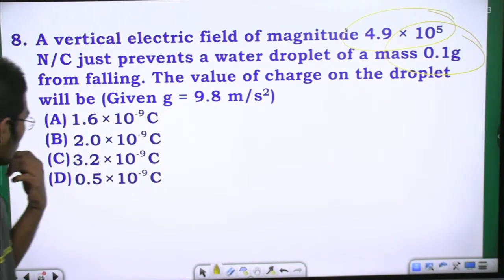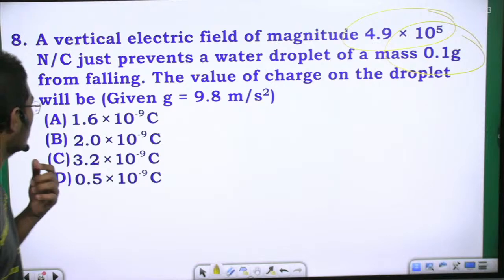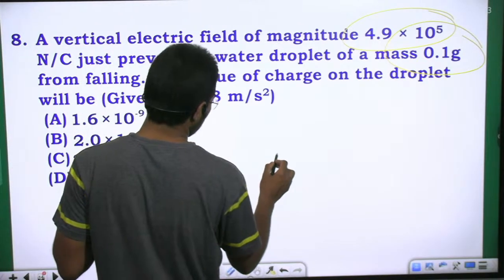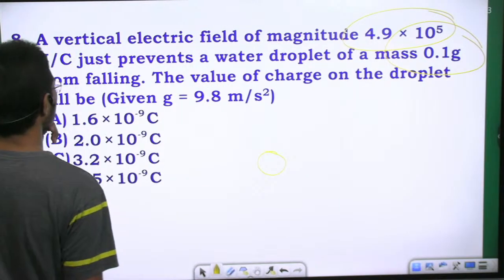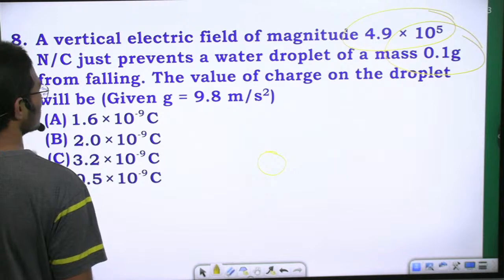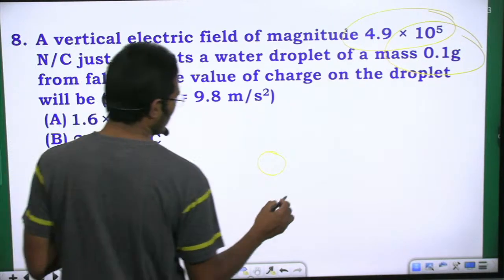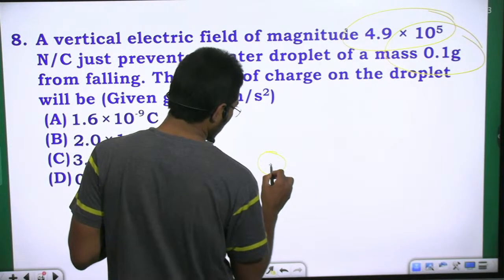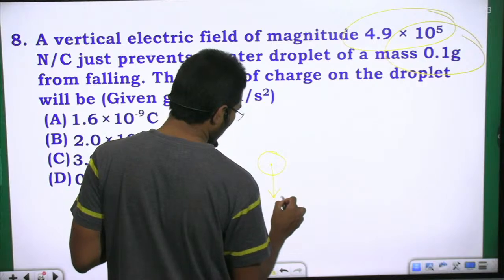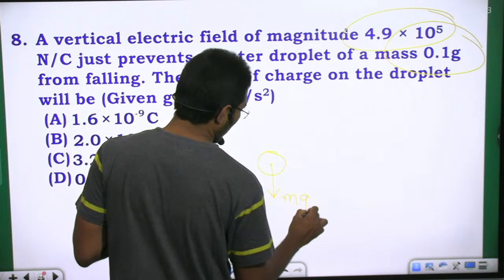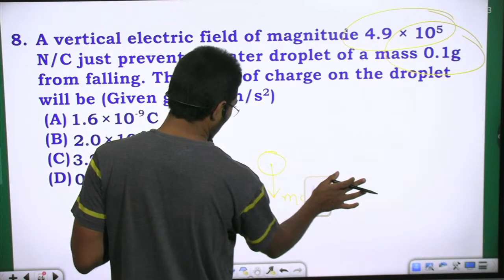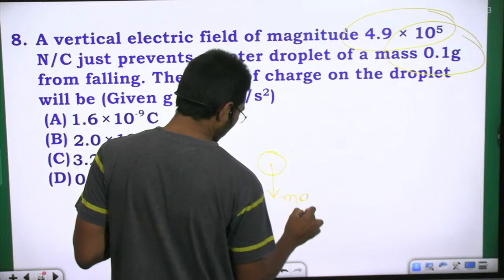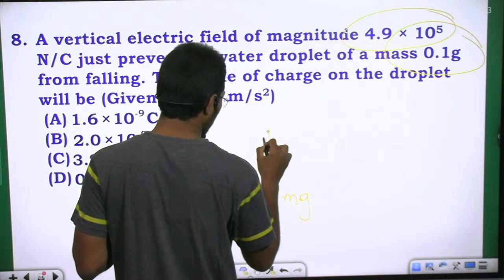So here it is being asked about a water droplet of mass 0.1 grams. The forces acting on the water droplet are mg and the electric force EQ.